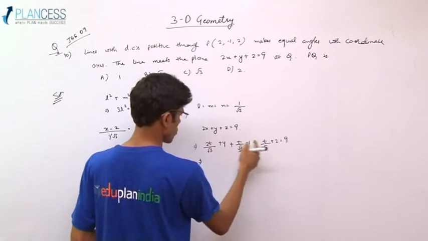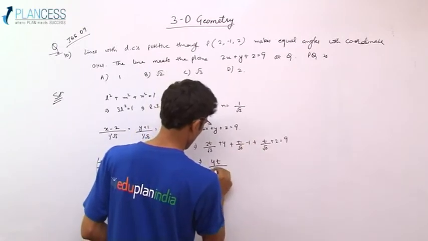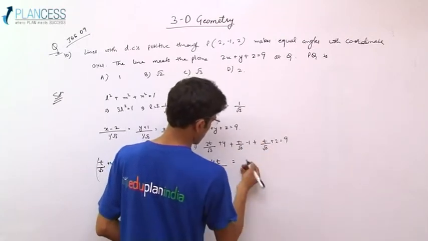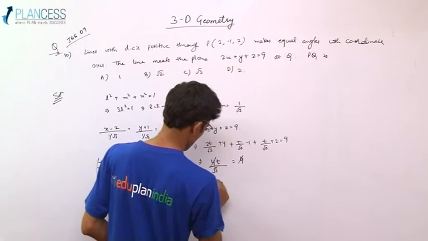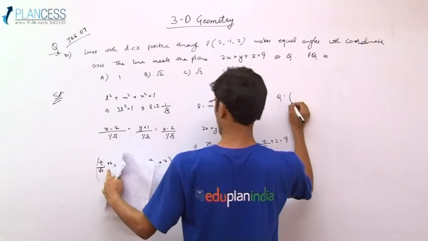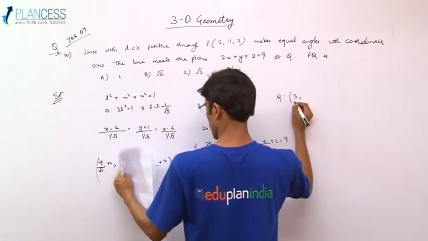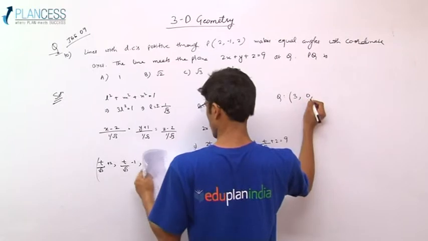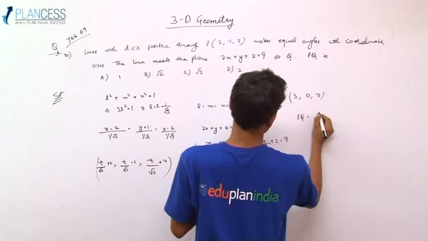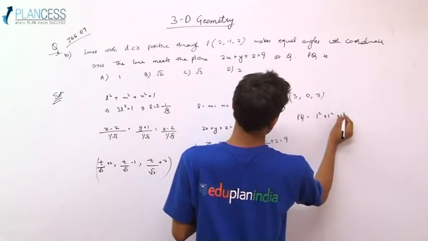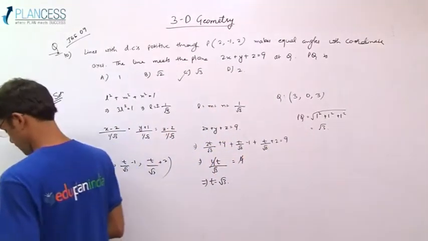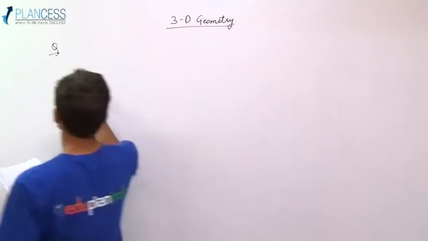So this gives 2 plus 2, 4t by root 3. 4 minus 1 is 3, plus 2 is 5, and 9 minus 5 is 4. So this gives t as root 3. So Q is, putting root 3 here, (3, 0, 3). So PQ is root of (2 minus 3) square plus 1 square plus 1 square. So it is root 3. Fine. So let's move to question number 11.